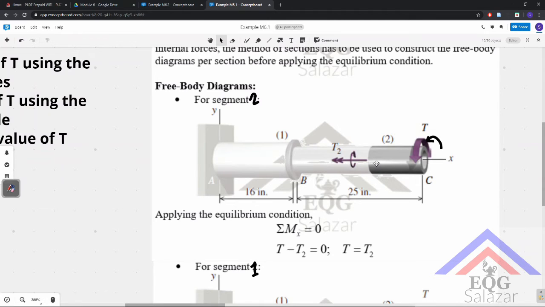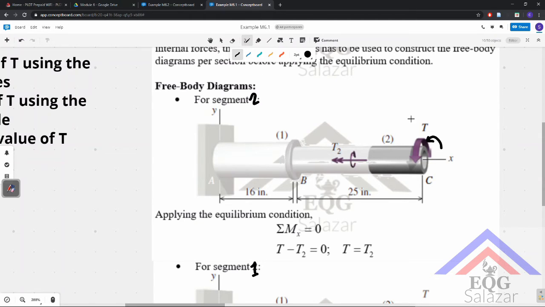And why is that so? Because we assume that the internal torque will oppose the applied torque. Okay, since the applied torque is going in this direction, it is rotating in this direction, it is therefore positive. Why?